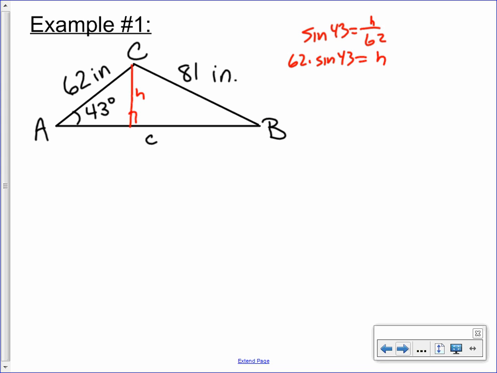Make sure your calculator's in degrees. And so we can see that h is 42.28, which, this is side a right here. Obviously, this is bigger than h. They're not equal to each other, but we do have one triangle that we can solve for.